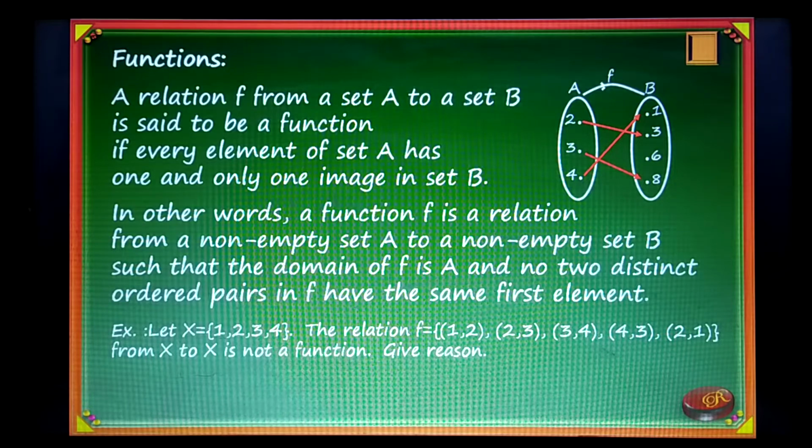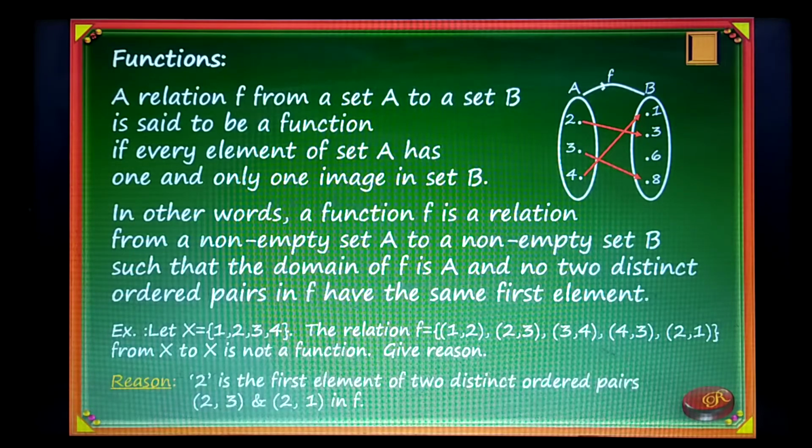Give reason. Reason. 2 is the first element of two distinct ordered pairs (2, 3) and (2, 1) in f.